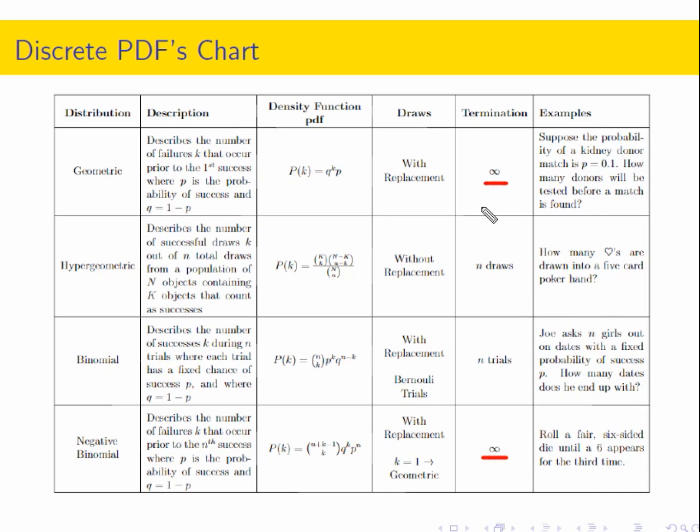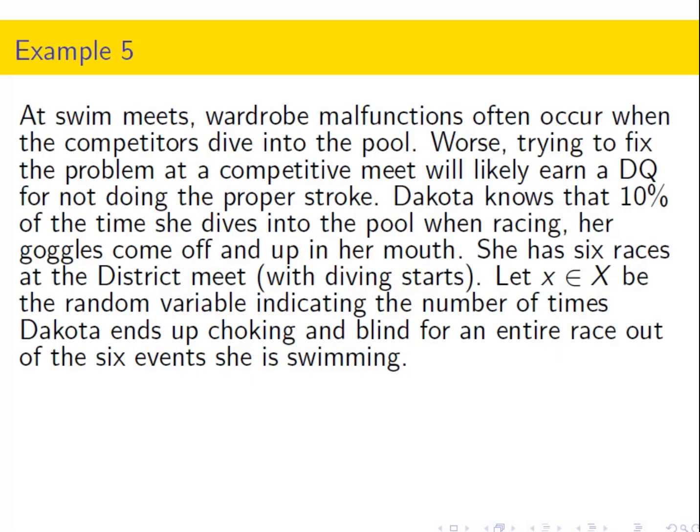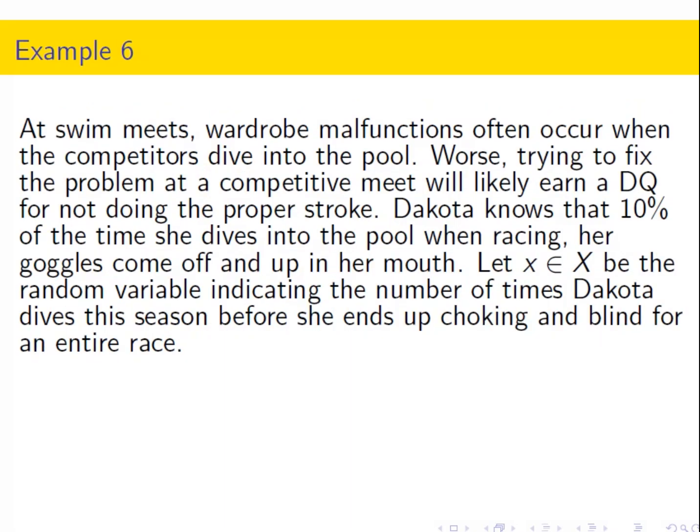So we have an infinite termination criteria, and so the only choice is whether we have geometric or negative binomial. The difference here is that it only takes one failure to trip the termination here, and here it'll take multiple failures. So let's go back and take a look at whether this is geometric or negative binomial, right?